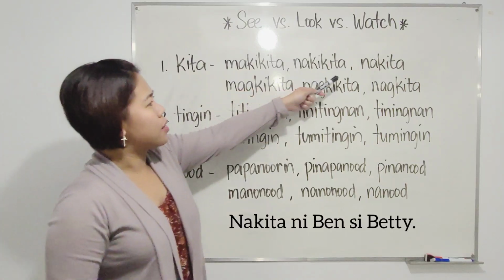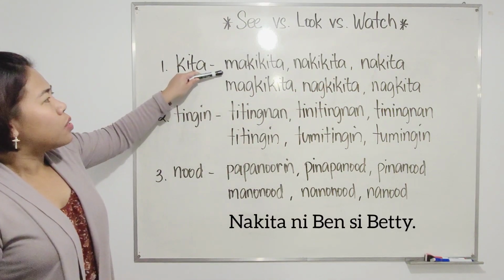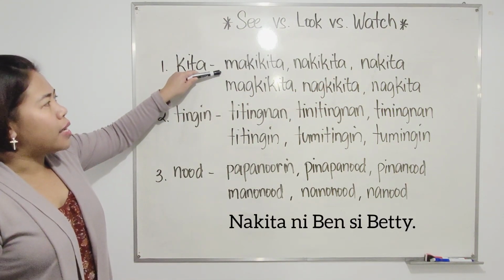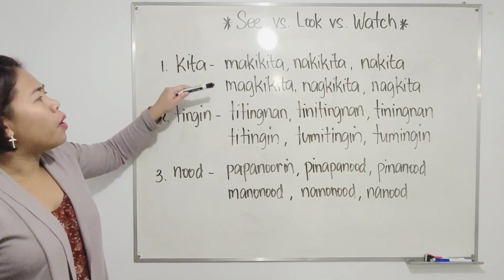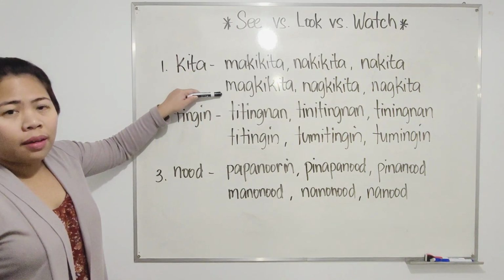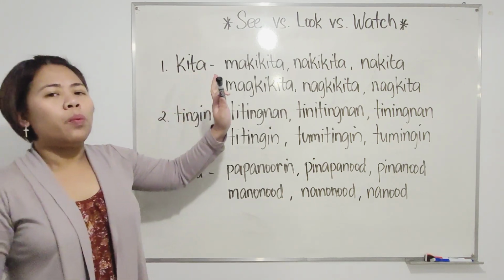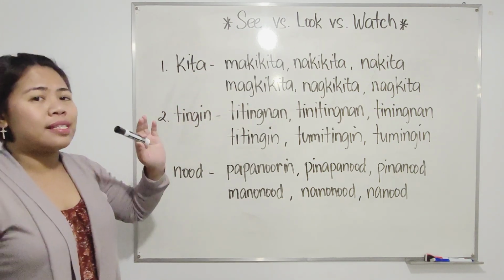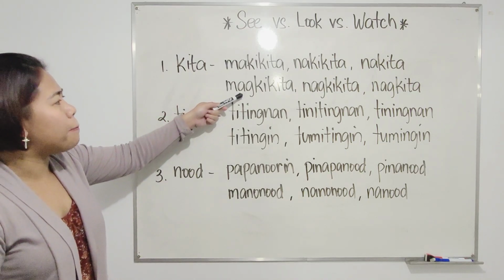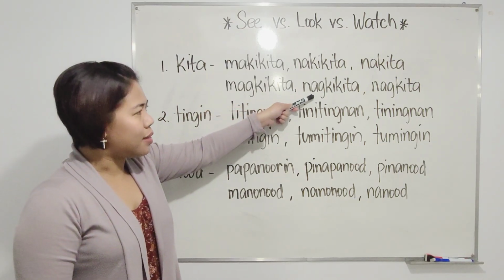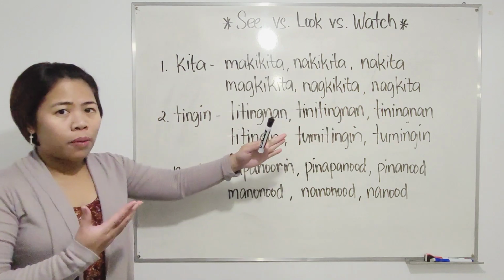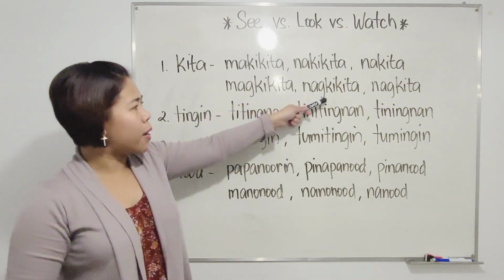So we used this past tense, nakita. So actually this verb is the ma verb. Now, you can also use the prefix mag, if you want to conjugate it if your focus is the doer of the action. So we say magkikita, nagkikita, nagkita. By the way, the format is future, present, past.